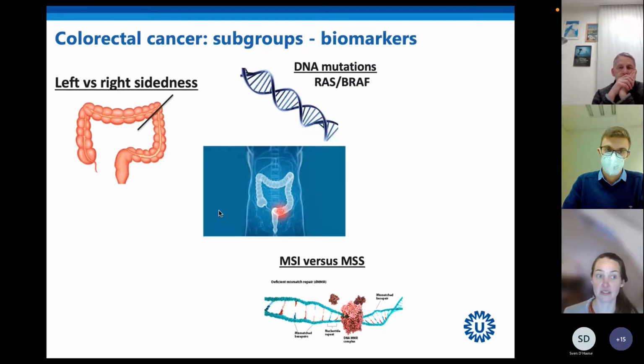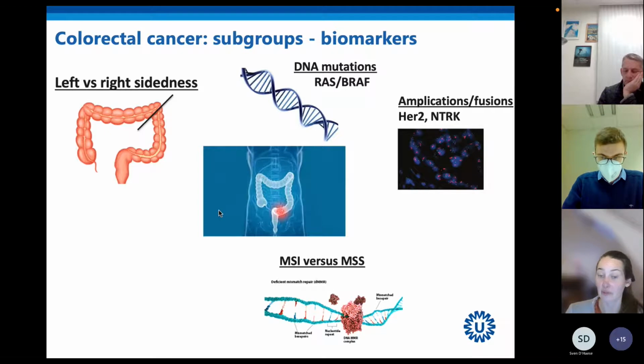Metastatic disease derived from left-sided primary tumors behaves differently than metastatic disease derived from right-sided colorectal cancer. The division, as depicted in this picture, is the flexura lienalis. That's the difference between left and right-sided colon.